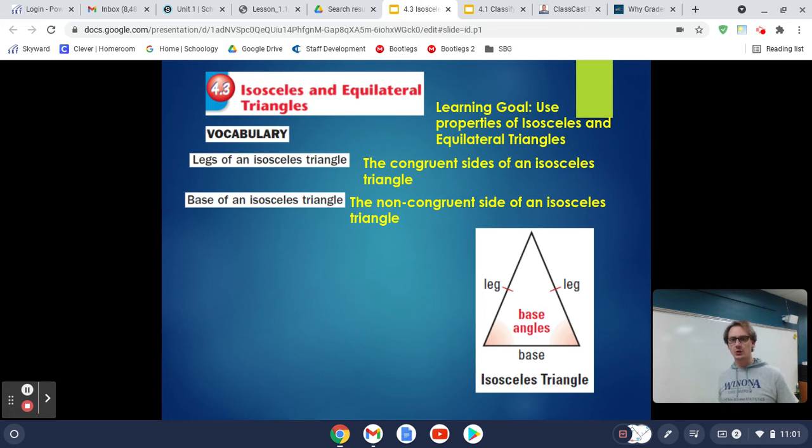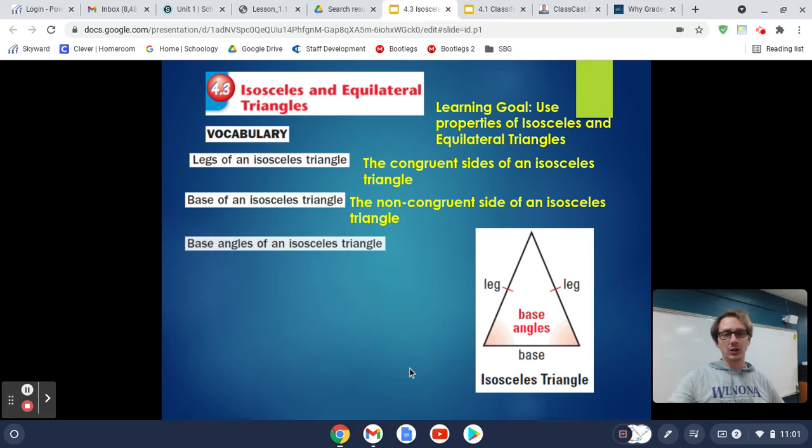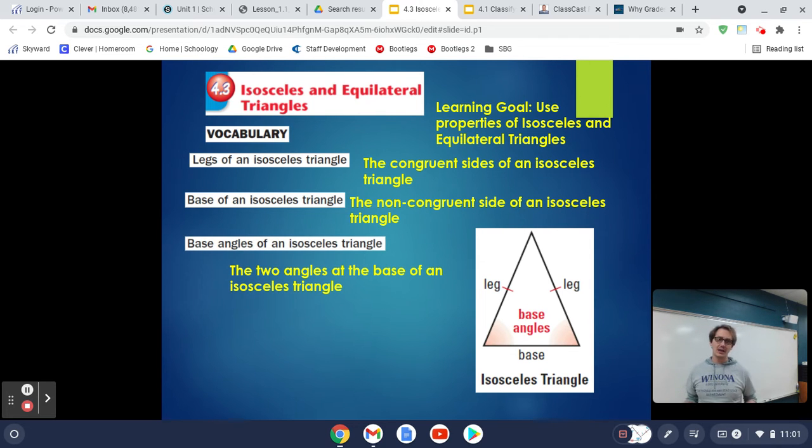And just like those were our bases for an isosceles trapezoid, you can see here the base is also our non-congruent side for our isosceles triangle. So a lot of the terminology that we used with isosceles trapezoids is still true here in isosceles triangles, including the bases. The two angles at the base are the base angles of an isosceles triangle.